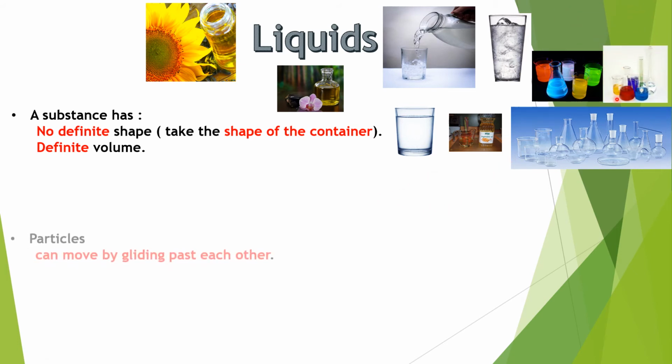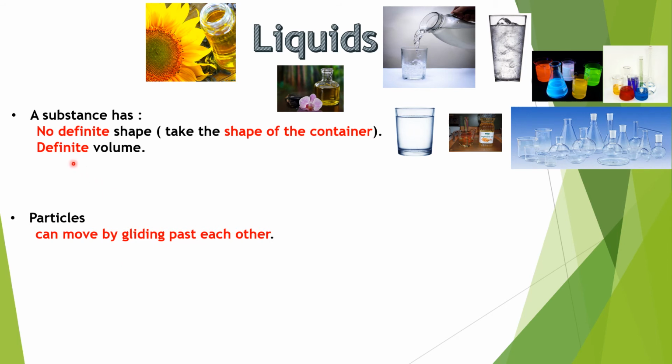Here also definite volume. So this volume is constant. When you pour it into many shapes, it takes the shape of the container, but the volume is constant. So liquids have no definite shape, take the shape of the container, and have definite volume. Particles can move by gliding past each other.